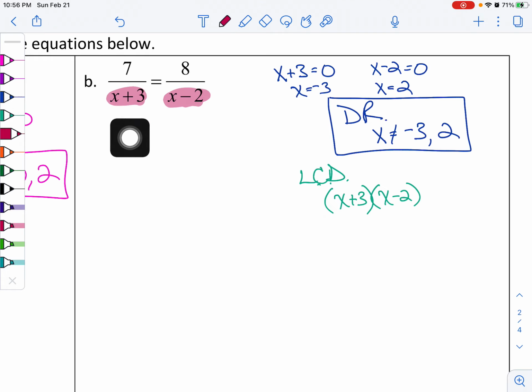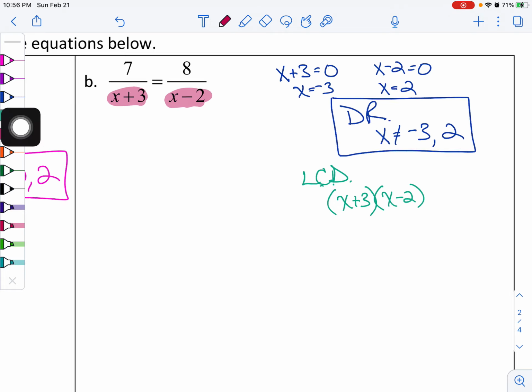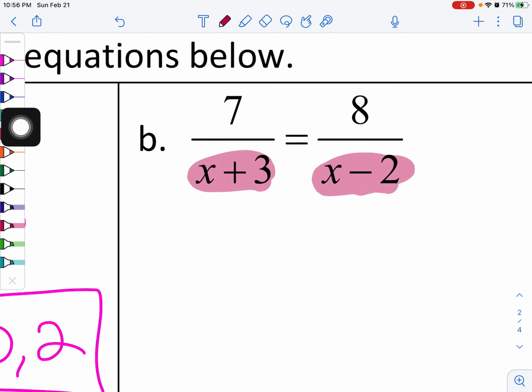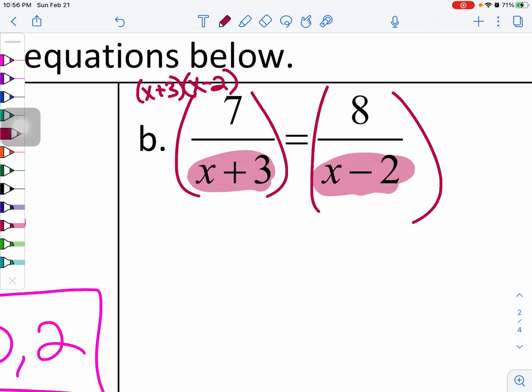All right, so I'm going to take this LCD and multiply it times each one of these fractions. I'm going to zoom in tight on it, mostly so I can have space to write. So we're going to multiply by x plus 3, x minus 2. Multiply your second fraction by x plus 3, x minus 2.